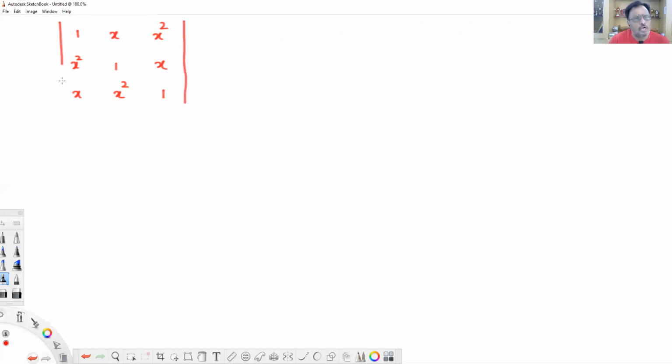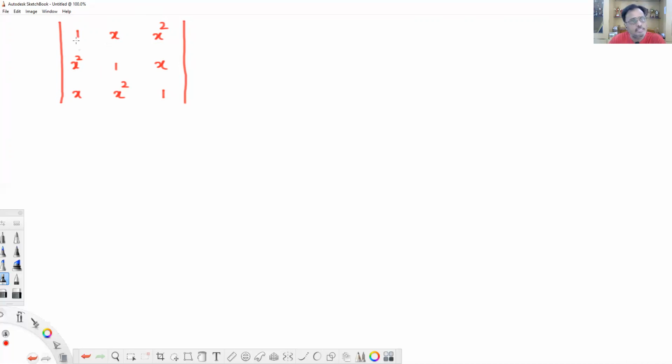No second thought, directly see that in every row 1 is there, x and x square. That means definitely you can go for C1 plus C2 plus C3 or R1 plus R2 plus R3. If you see the row also, 1, x and x square. So therefore 1 plus x plus x square you get as common factor.